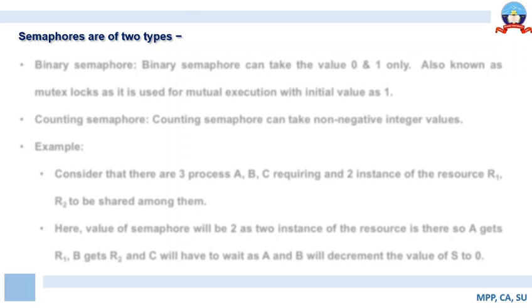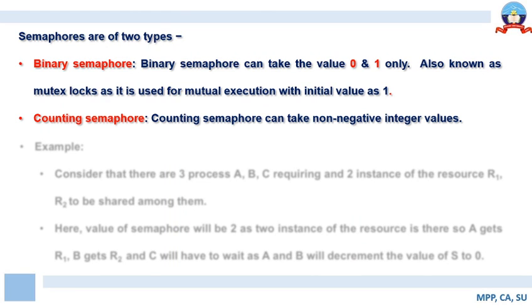Now, as discussed, semaphores are of two types. We have binary semaphore and we have counting semaphore. Binary semaphore can take two values, either 0 or 1.